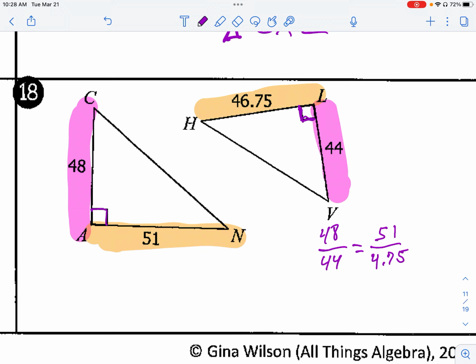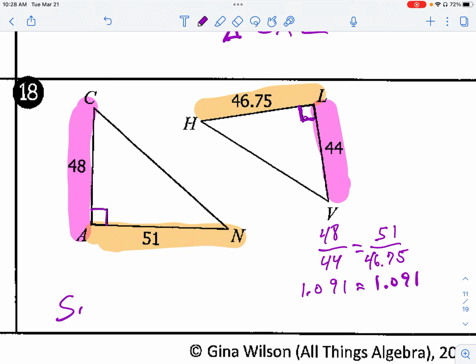But if we take 48, put it in our calculator, divide it by 44, we're going to get 1.091. And then we do the same thing with 51. Oop, I forgot my 6. Let's clean that up. Divide 51 by 46.75, and we're going to get 1.091.